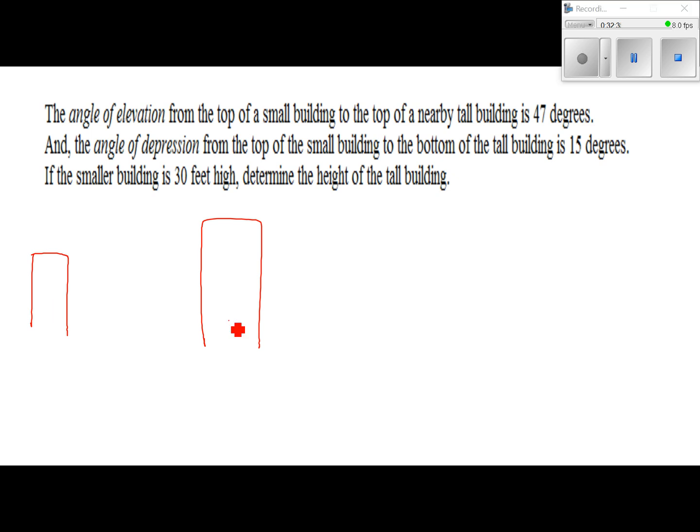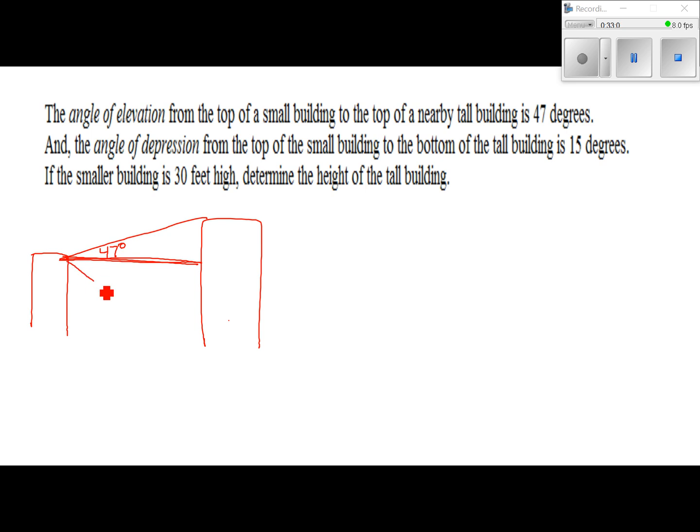It says the angle of elevation from the top of the small building to the top of a nearby taller building is 47 degrees. So if I'm looking here straight across, and then I look up at the top of this, they're telling us that that angle right there is 47 degrees. And the angle of depression from the top of the small building to the bottom of the taller building is 15 degrees.